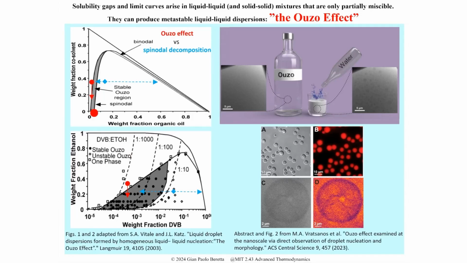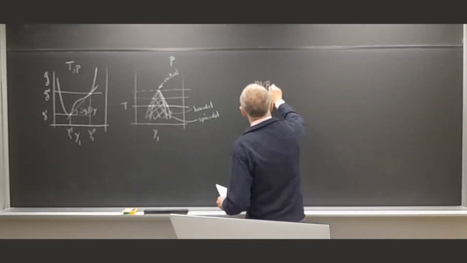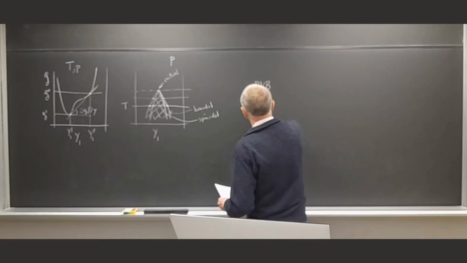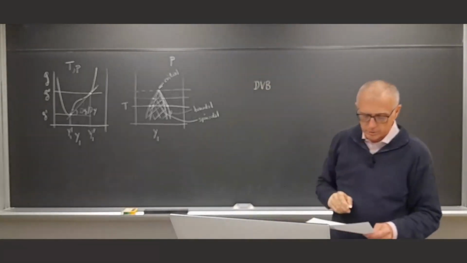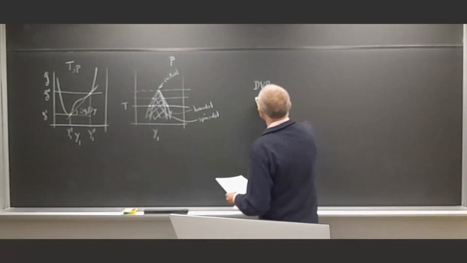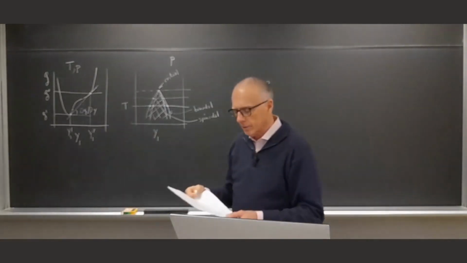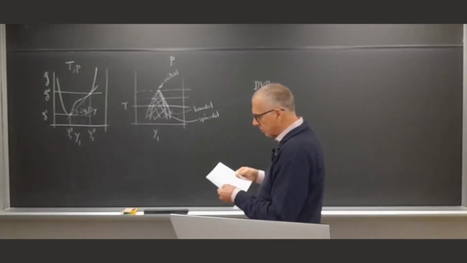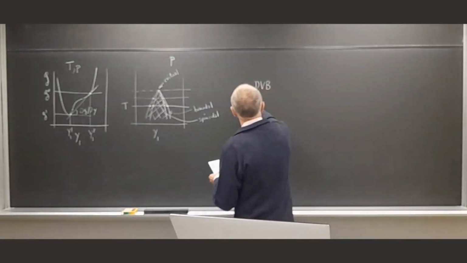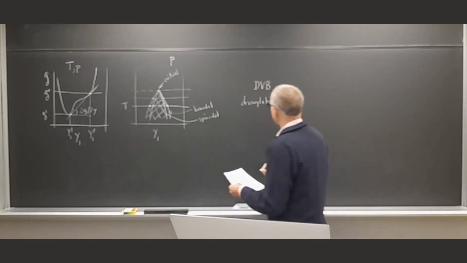They call it DVB in that graph that displays the role of the anise oil, but they prefer to do it with a polymeric oil, so they used divinyl benzene, at least in their experiment.